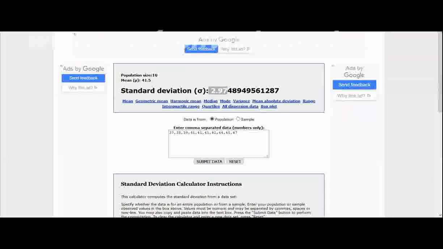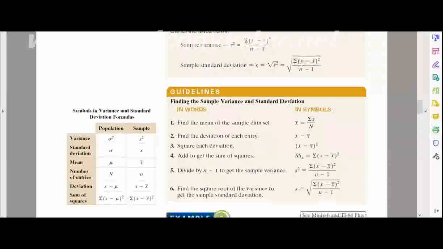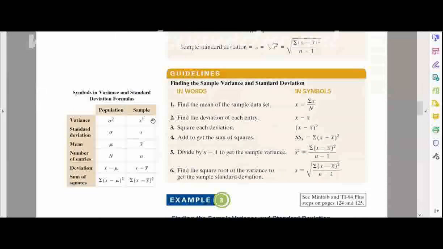Let's get back to our note. Very well. So take a look at these symbols on the left-hand side. When you're working with population, the variance is denoted by sigma squared.